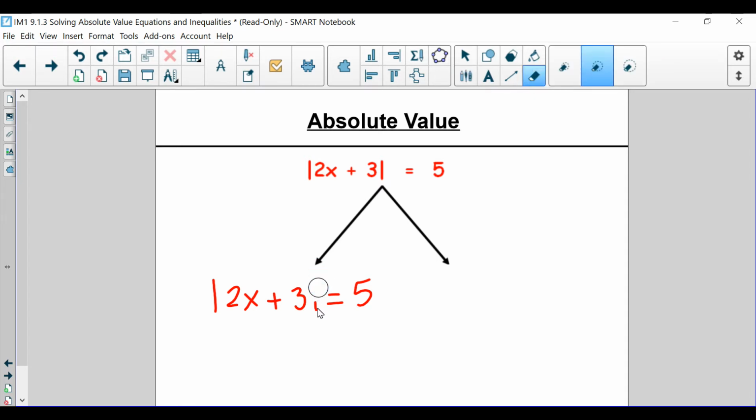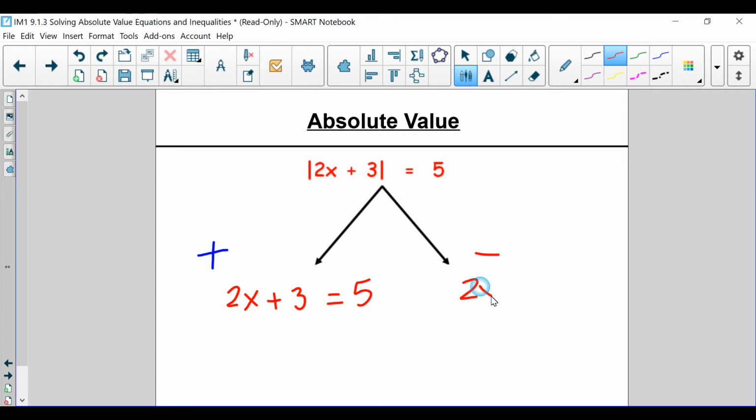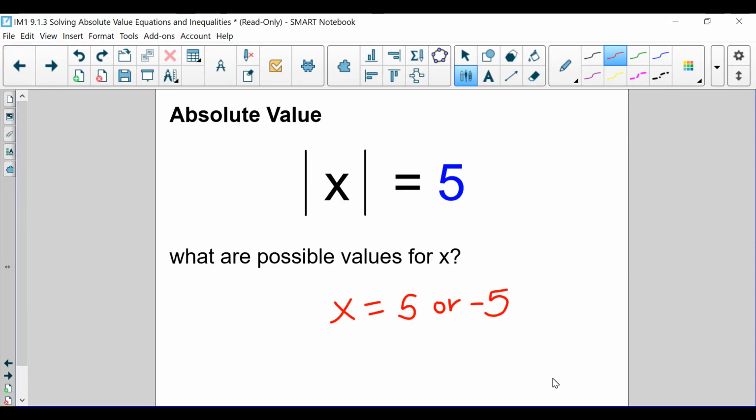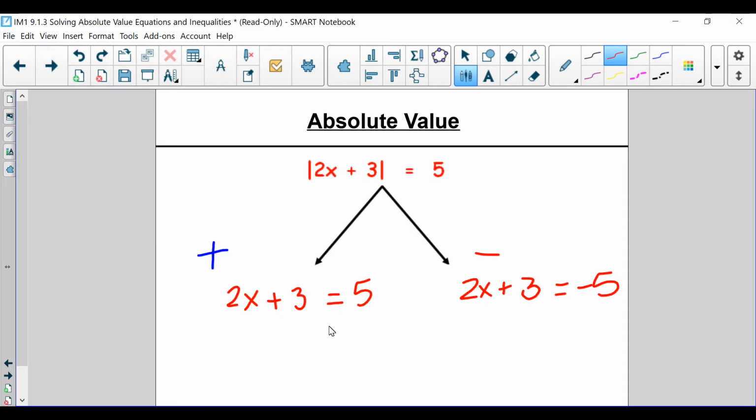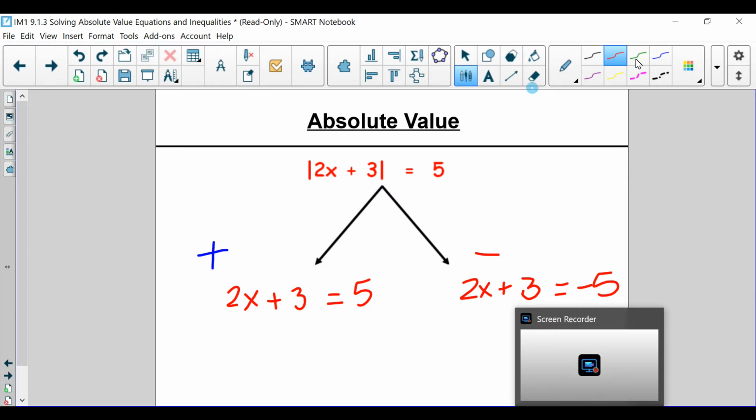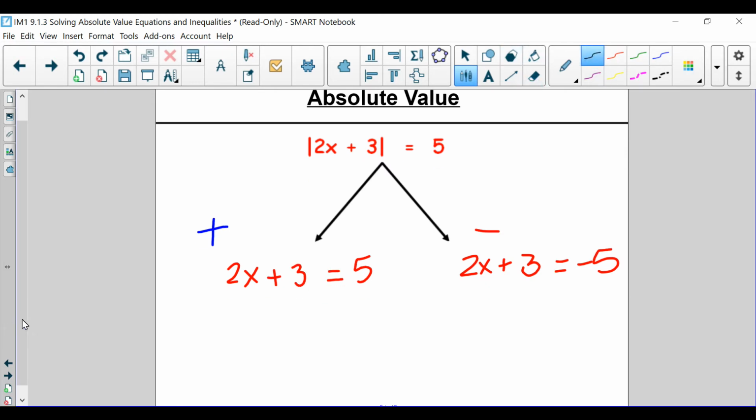Just get rid of the absolute value and know this is one possible value, where the answer is positive, and then we also have another possibility where the answer is negative 5, just like we did in this one. See that? x could be 5 or negative 5. That's all I'm doing. I'm saying that the expression could be positive 5 or negative 5. Then all we have to do is solve for what x could be.